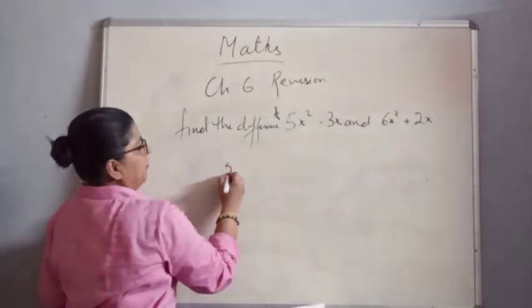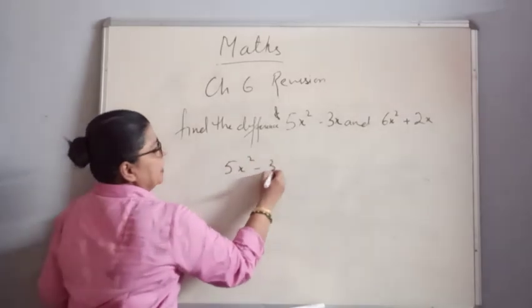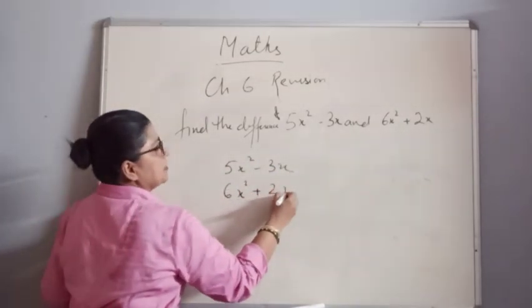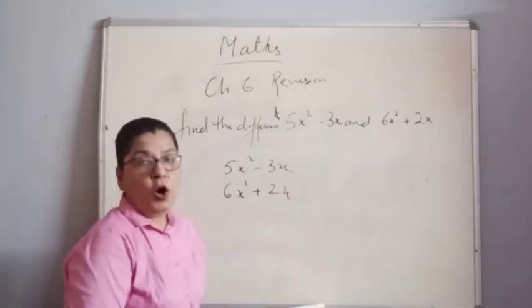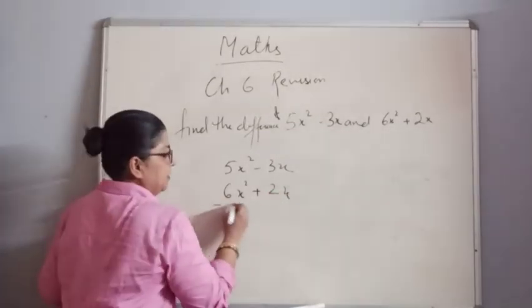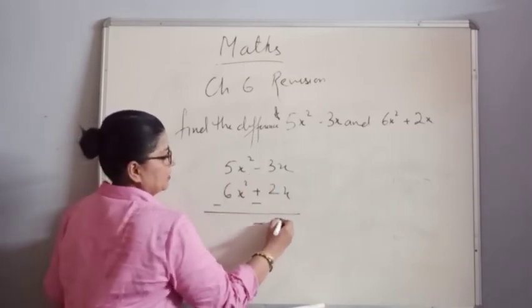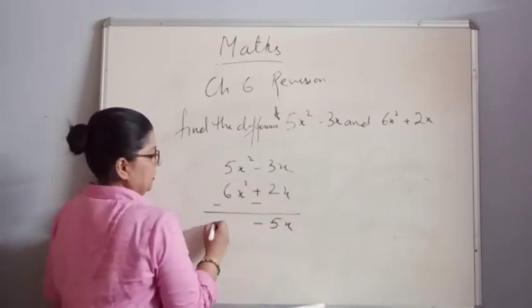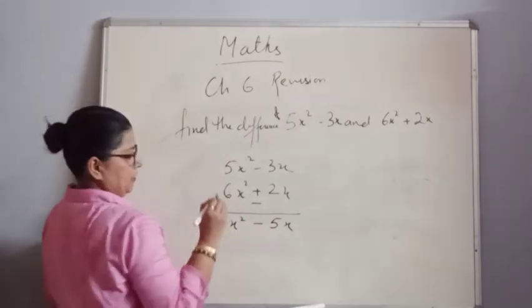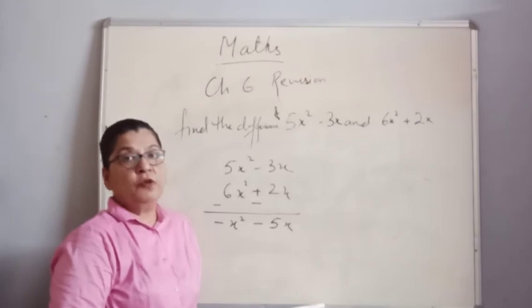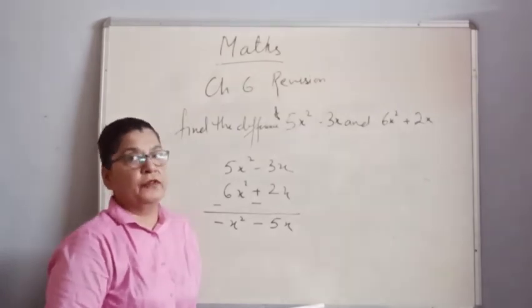So we will write 5x square minus 3x, then 6x square plus 2x. Then we won't change the order of the terms. Again we will change the sign because this is subtraction. Minus minus, minus 5x plus 5, minus 6, minus x square. Then this is our answer. So in a subtraction question especially, you have to read the statement very carefully.